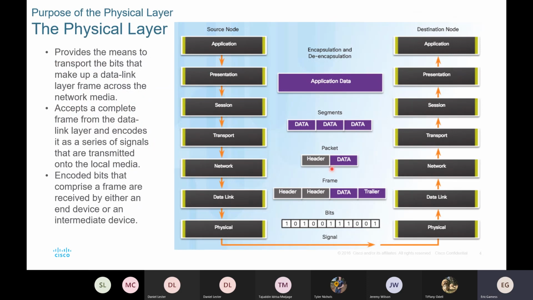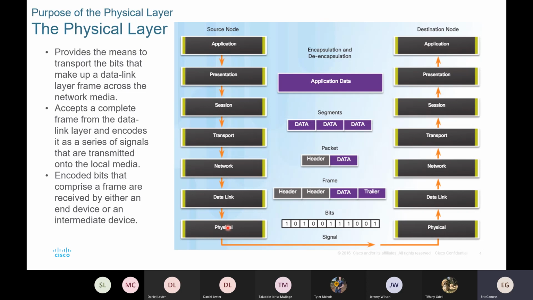So let's go back to the physical layer. We talked about the physical layer last Tuesday. So what is the objective? It's to provide the means to transport the bits that make up the data that we want to transmit across the medium. Remember, in the physical layer, we receive a PDU, which is a series of bits, a series of 0 and 1.